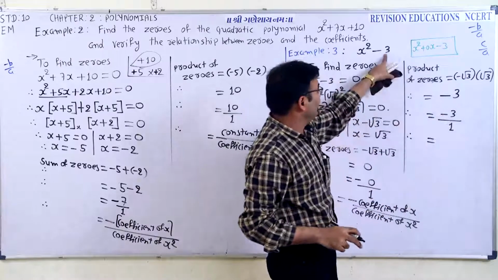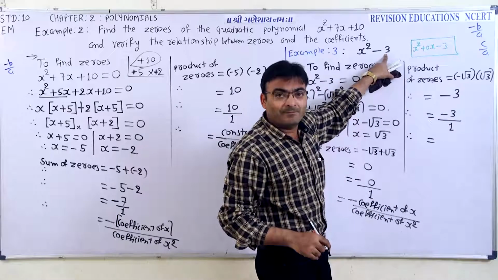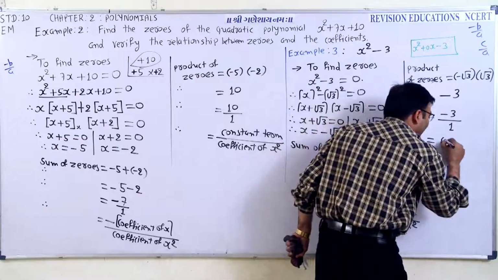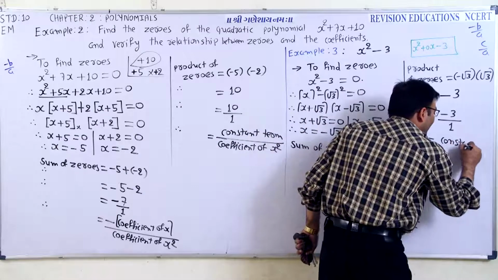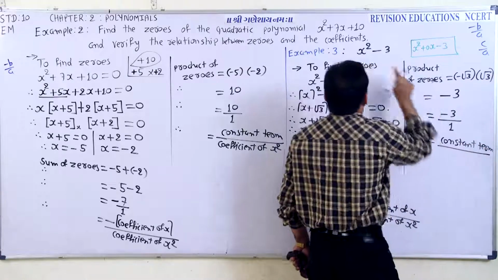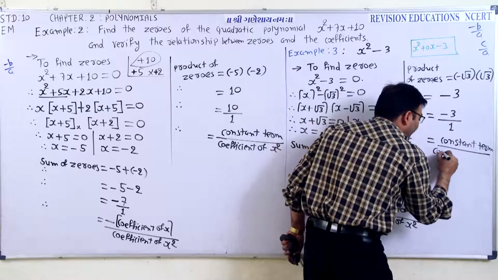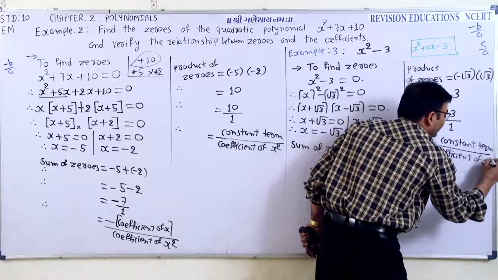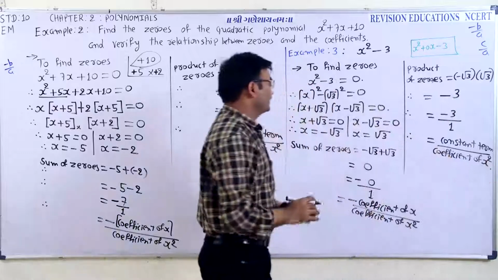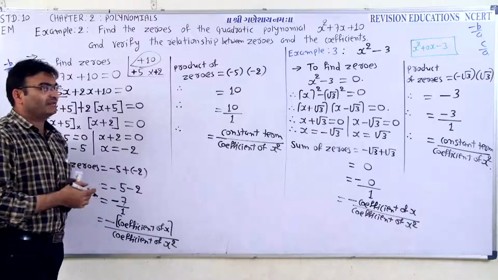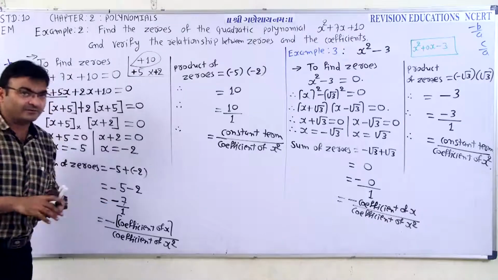We can see here minus 3 is a constant term. So write constant term and in denominator 1, coefficient of x square. So this is the sum. We solve this sum in this way, friends. It's very easy and very simple. Enjoy this sum. Thank you very much.